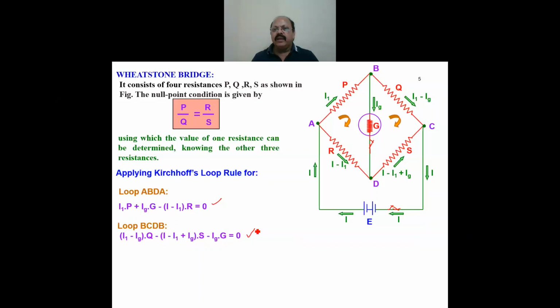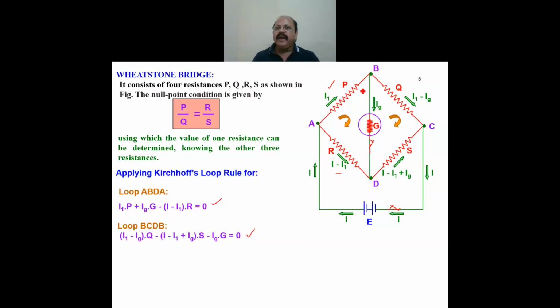Now, once you understand why we are saying that I minus I1 current is flowing here, why I minus I1 plus Ig current is flowing here, and here also I1 minus Ig, you will understand it. When the key is closed, the current starts flowing, and when the current I reaches point A, some current, say I1, passes through the resistance P. Then the rest of the current, I minus I1, is here.